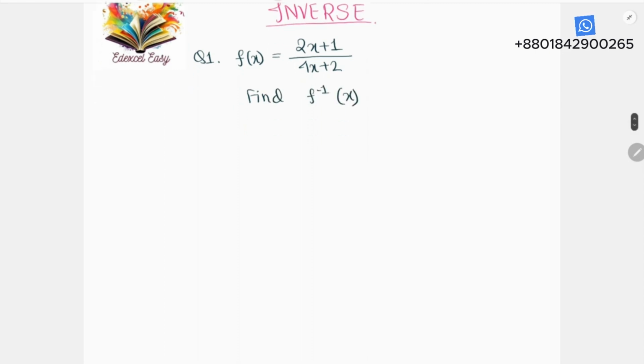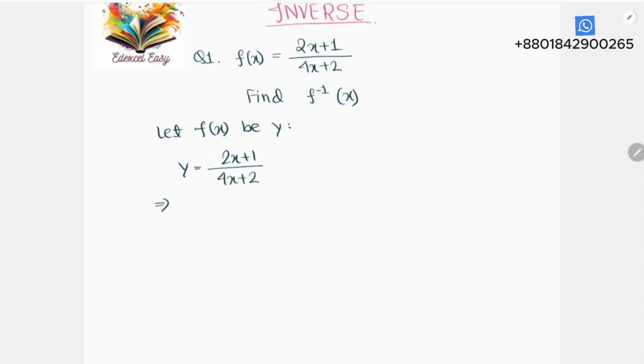So the first thing you're supposed to do is write at the top of your calculation, let f(x) be y. It's just for the simplification of your maths. So we are going to address f(x) as y from now on. So instead of writing f(x), we'll write y equals 2x plus 1 over 4x plus 2.